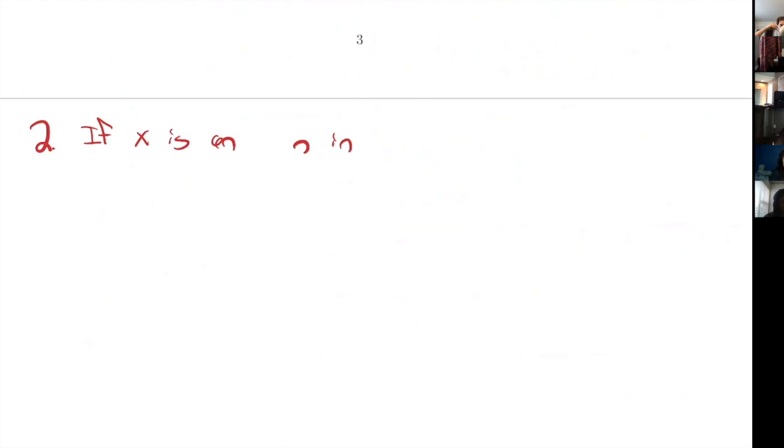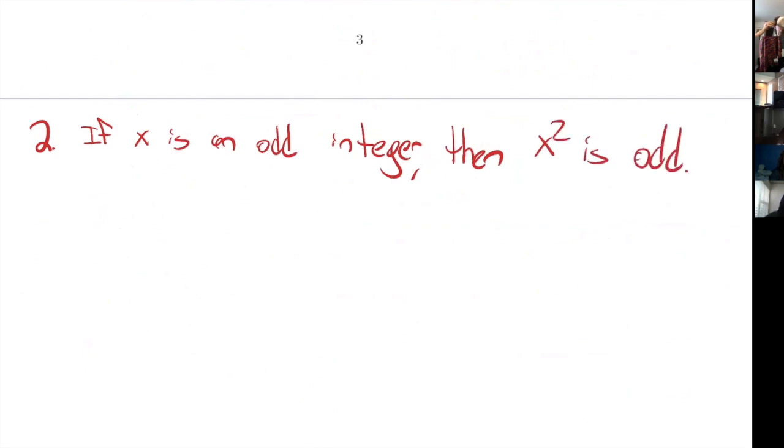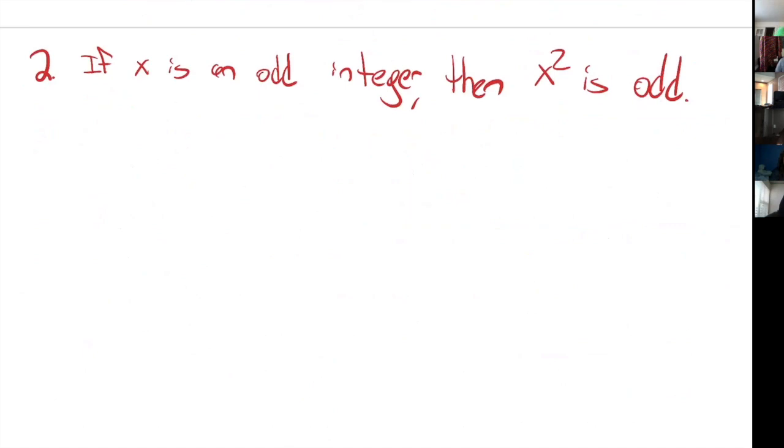So we're going to assume x is odd, then x squared is odd. So we've got statement P, x is odd, and statement Q, x squared is odd.